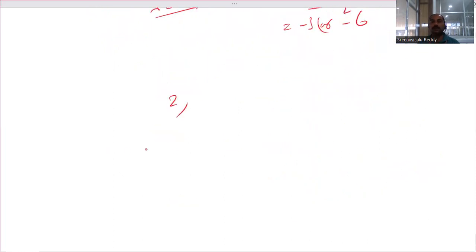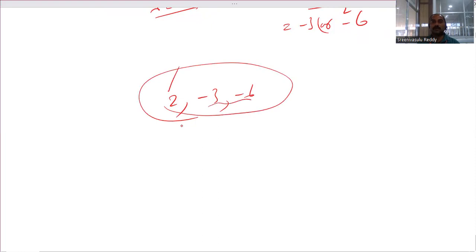One root is 2, the others are minus 3 and minus 6. So one is positive, the other two are negative. So the index is 1, and the signature is minus 1.